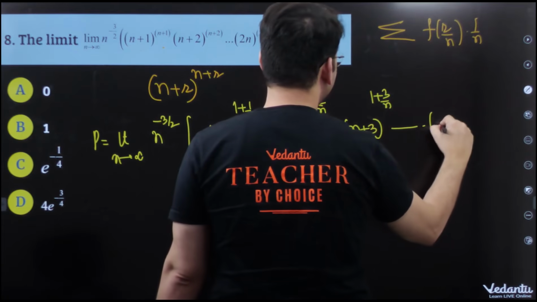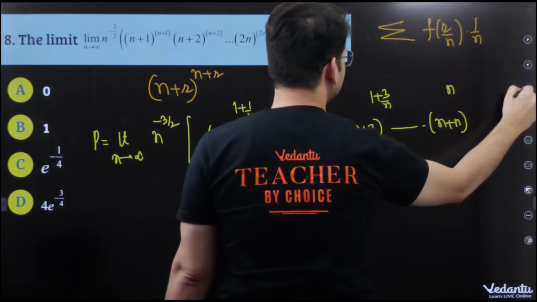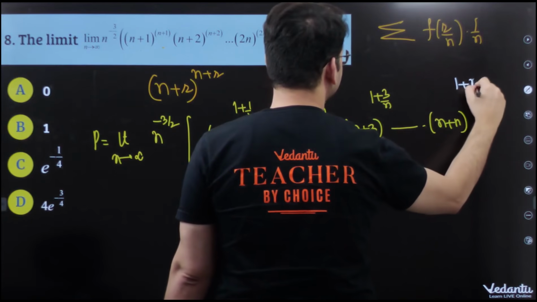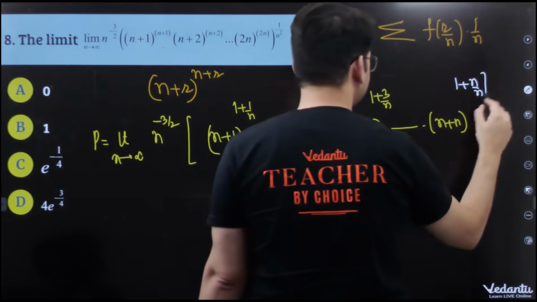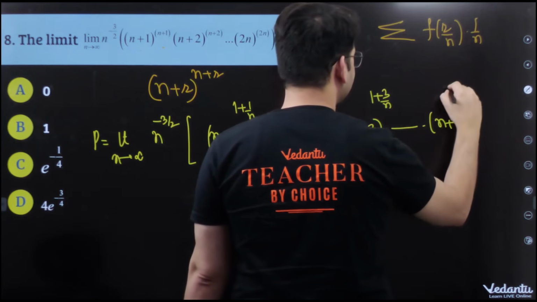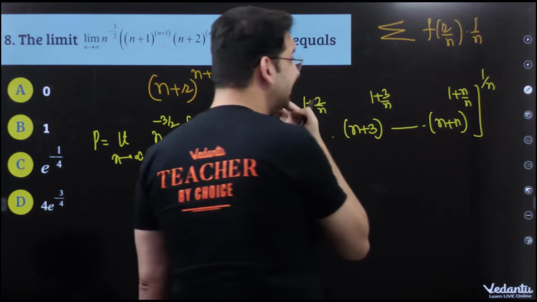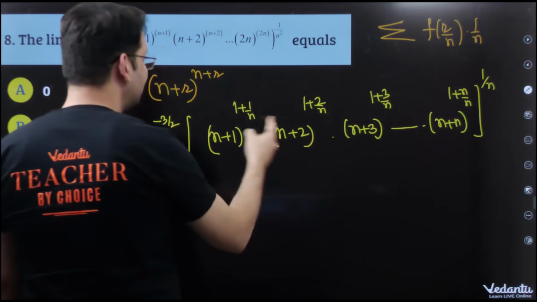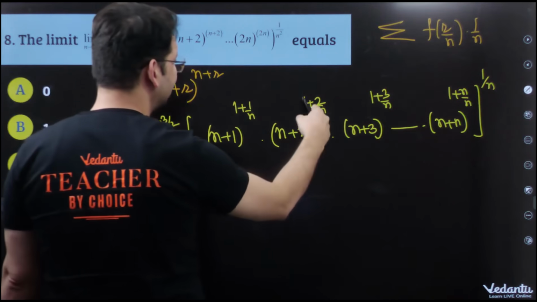And the last term would be n plus n raised to the power 1 plus n by n, that is 1 plus n by n raised to the power 1 by n. So basically we had two n's overall, 1 upon n square. One n I gave to every power. So this is sorted: 1 plus r by n, 1 plus 2 by n, 1 plus.